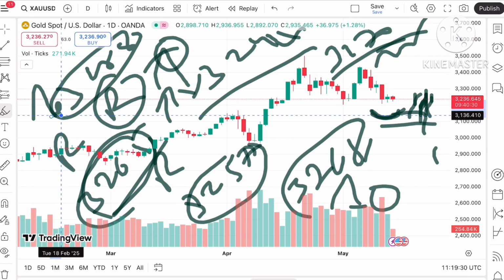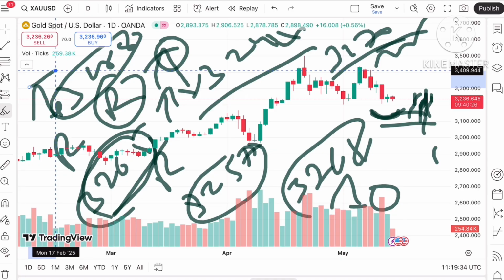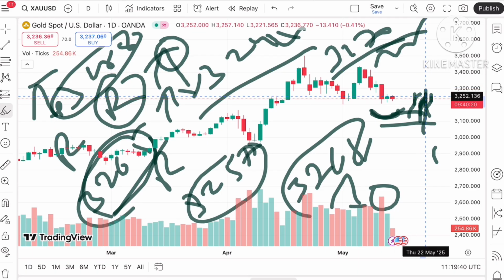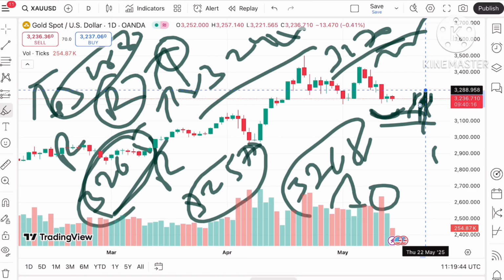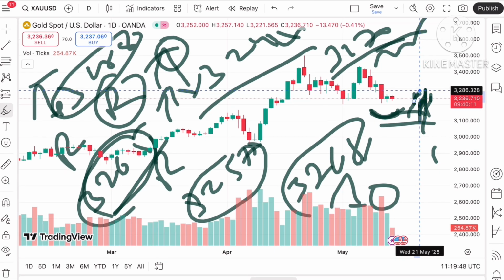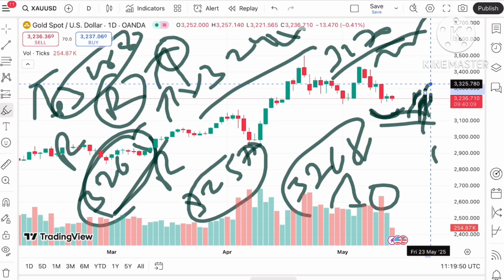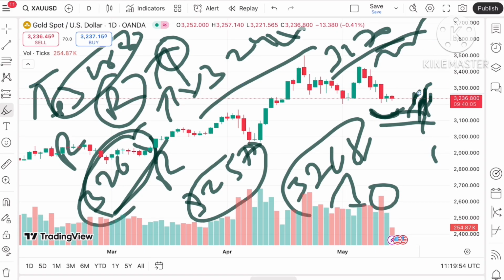Okay, and this level is also being tested, so we can see the price can come down, or if it sustains above this level, a further upside we can see. There is a higher chance that if it starts going upside, we can see a further high. But suppose as soon as the price starts going above a level of 3270, there will be a chance that it will cross a level of $3288, and chances of crossing a level of around 3300 will be there if the price sustains.